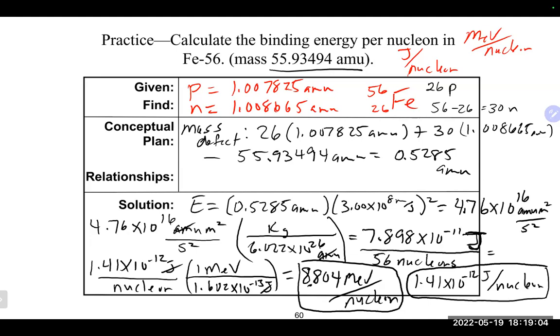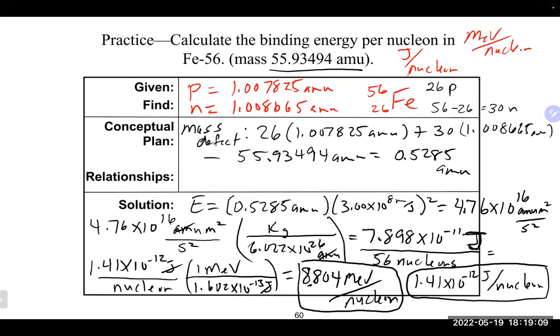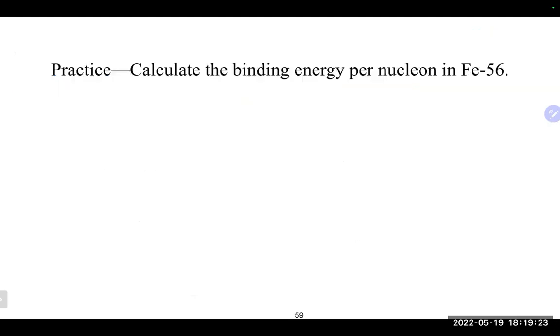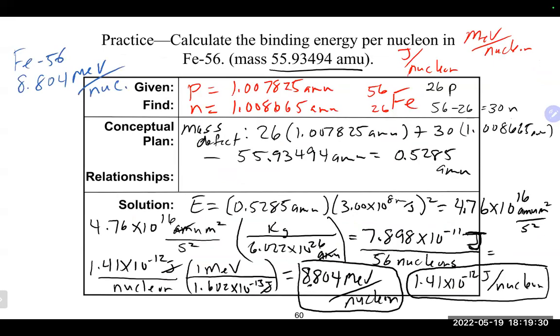So let's take a look at what we ended up with in terms of our binding energy per nucleon. Our iron-56 ended with, and we'll just look at the mega electron volts, 8.804 mega electron volts per nucleon. Our other guy had 6.922 for our carbon-16. Carbon-16 was 6.922 mega electron volts per nucleon.